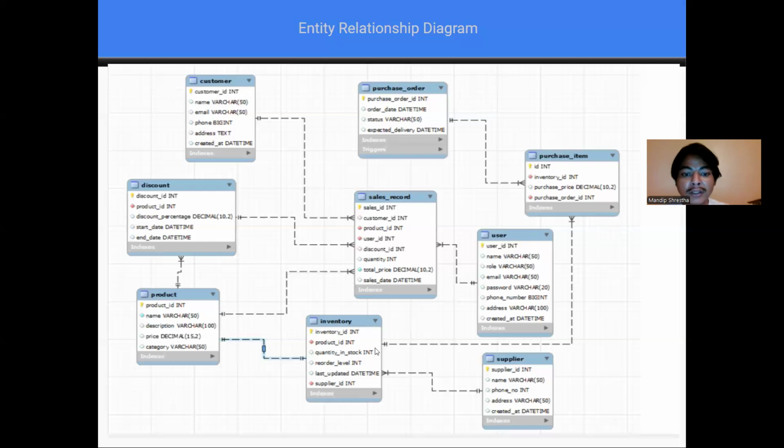So that's why inventory is linked as one-to-many with purchase item, and purchase order table is linked as one-to-many, as shown in the ER diagram. So this is the overall ER diagram and its relationships between the tables for my store management system, StoreMaster.